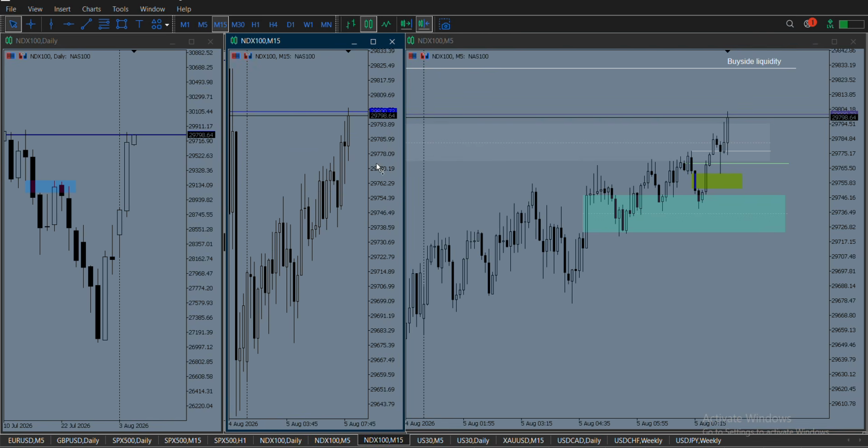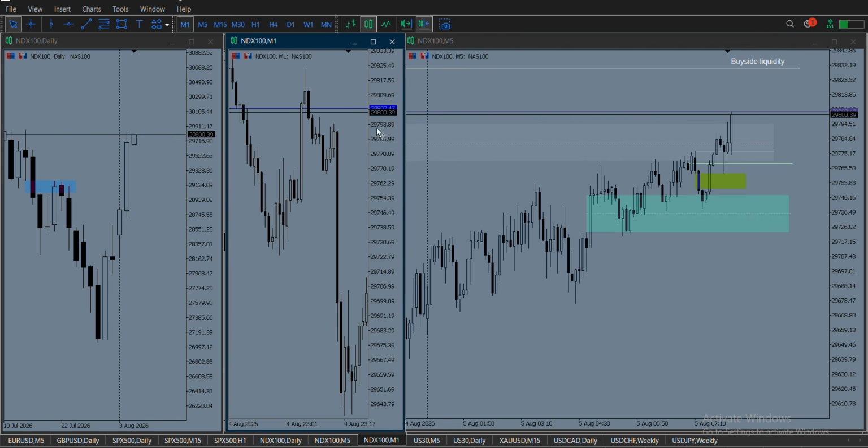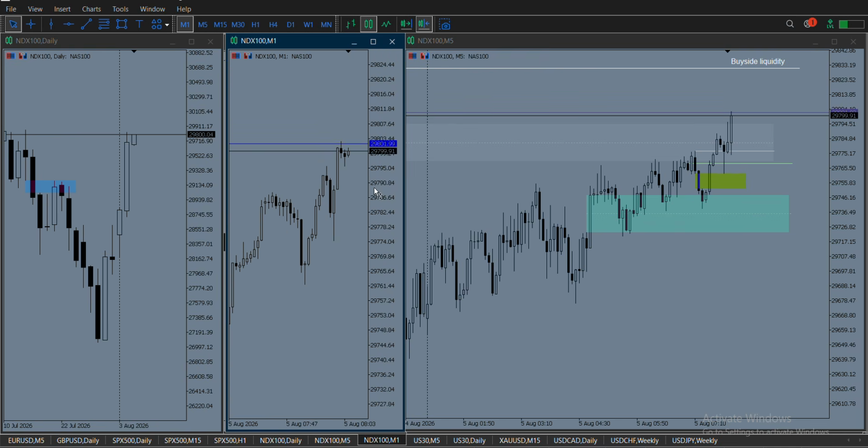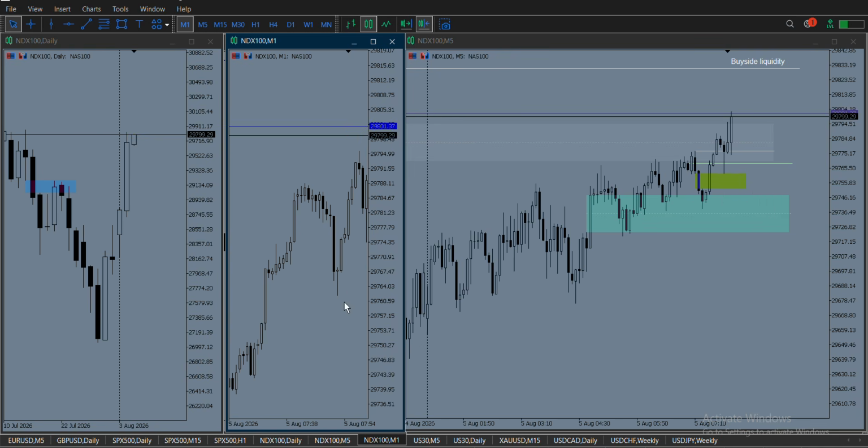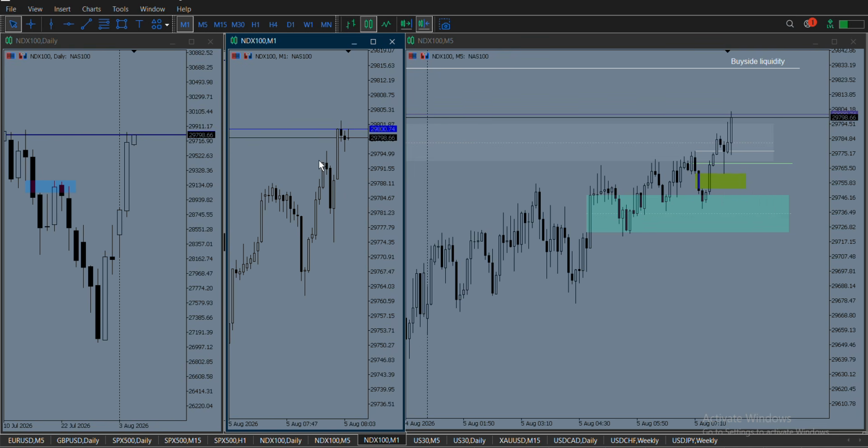Let's look at the 1 minute from this chart here and see what it's really doing. So you can see the retracement here, trend lower, and then we have this run higher, retracement lower.